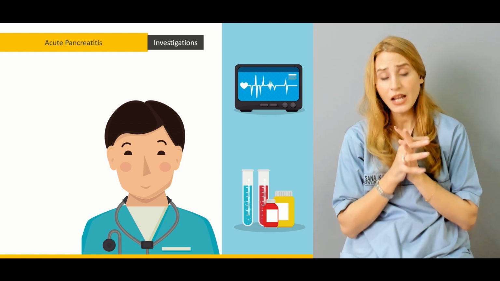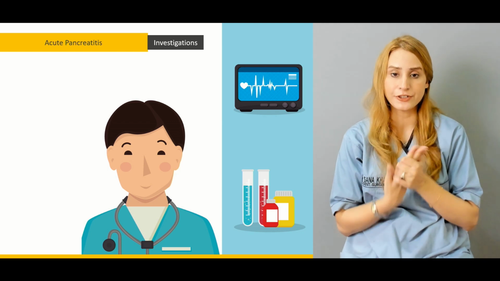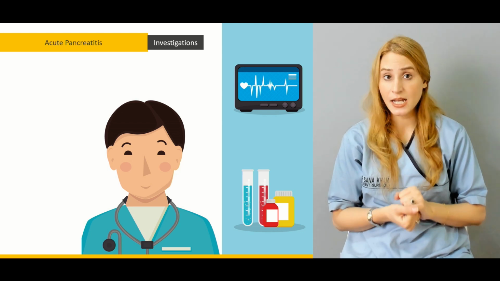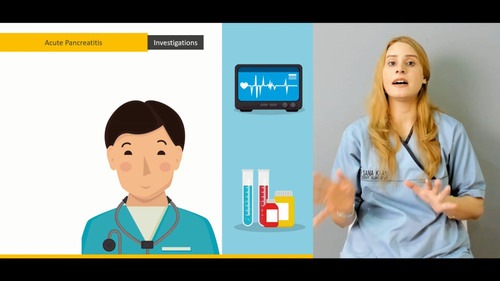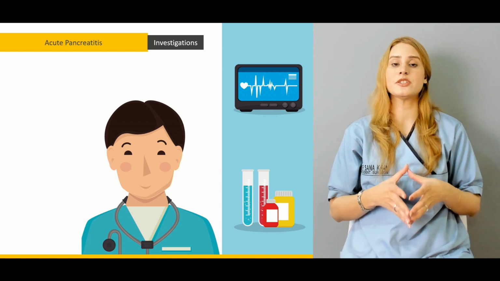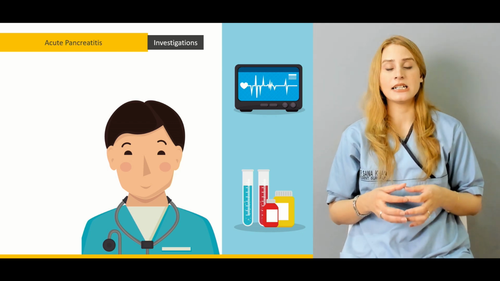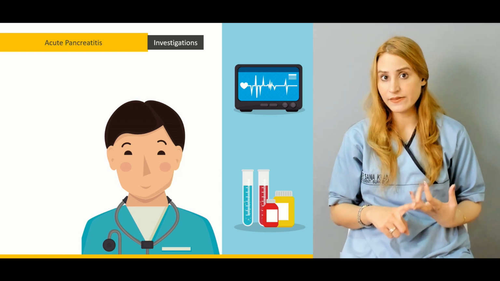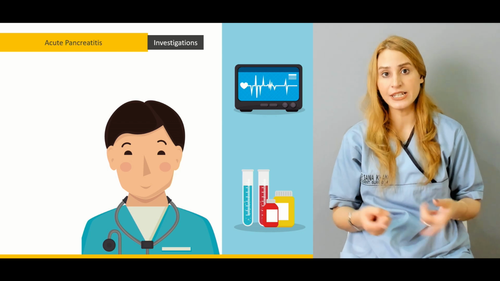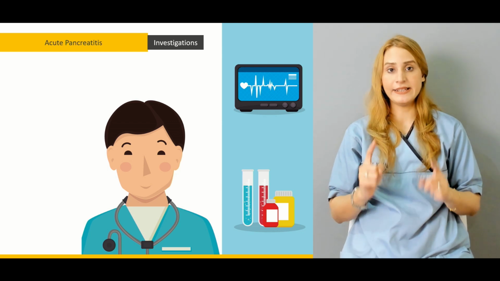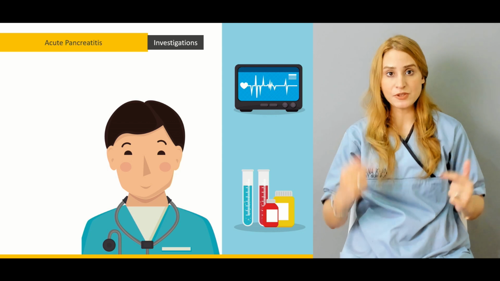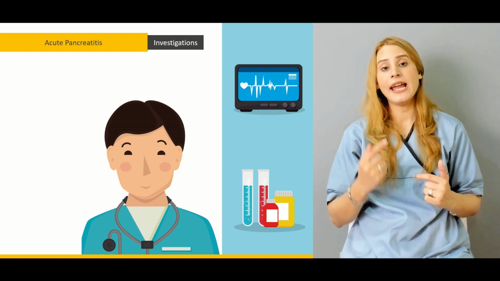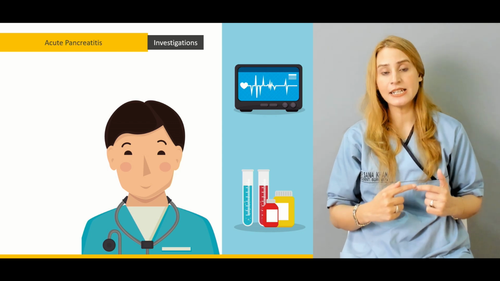So these are the tests, and obviously you're going to order LFTs as well, because most of the time biliary pancreatitis is associated with obstructive jaundice. You're going to order the total bilirubin level, and then the direct and indirect bilirubin levels to differentiate obstructive jaundice from hemolytic jaundice, and you're going to order ALT and ALP as well.